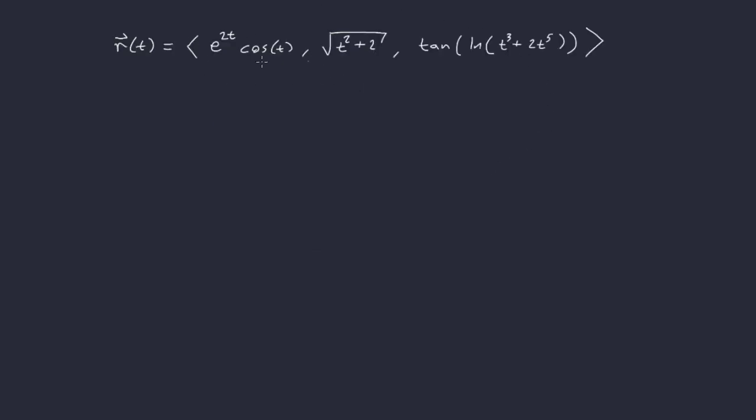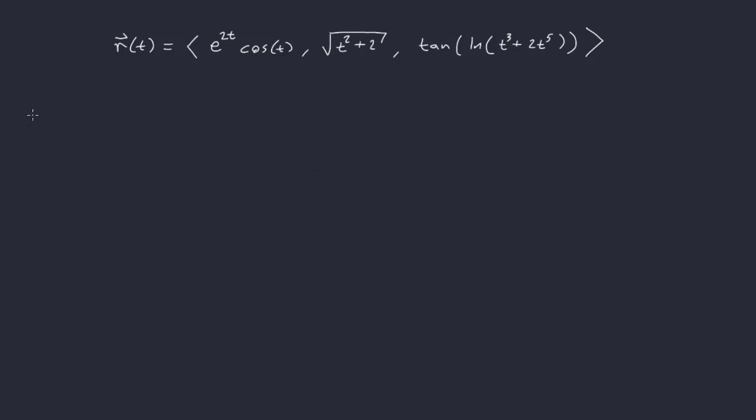All right, let's look at an example. Say we have a vector valued function, r of t is e to the 2t times cosine t, comma, the square root of t squared plus 2, comma, tangent of the natural log of t cubed plus 2t to the fifth. This is probably where we might want to instead use the IJK notation.